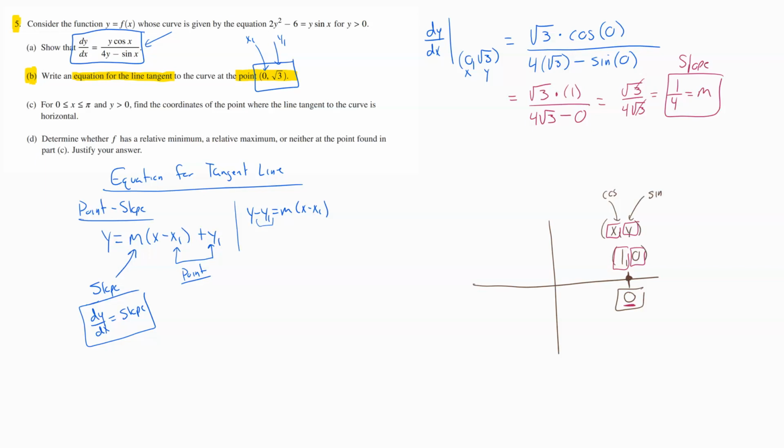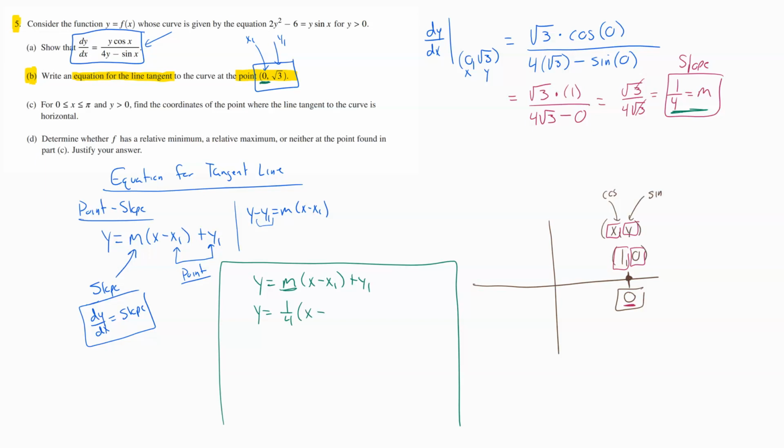So we'll come back over here now and we'll just plug everybody into the point slope formula and we'll basically be done. So we get y equals m times x minus x1 plus y1. So y equals m, which is what we just got out. That's going to be our 1/4 times x minus x1, which was given to us up top there as our point, 0, and then plus y1, which was also given to us.